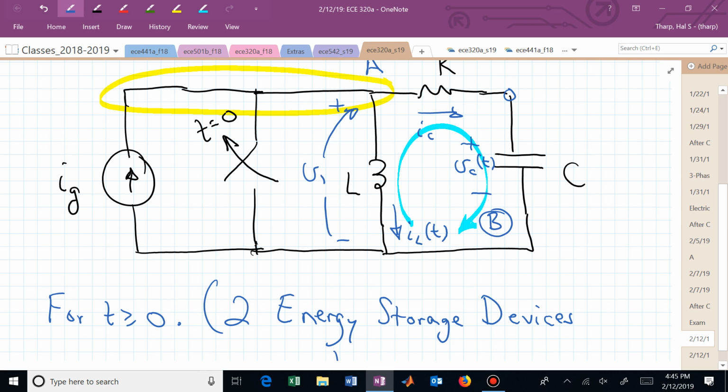If we write KVL around B, we're now going into minus V1 plus V sub R in that direction, which would be R times I sub C, the way we've labeled I sub C, plus V sub C. But I sub C or I sub R is C dV sub C dt.